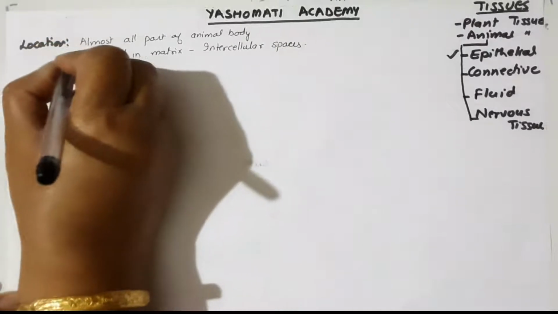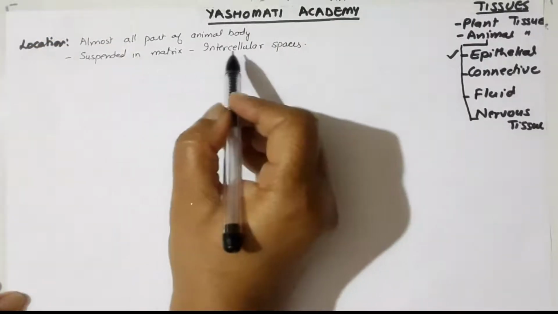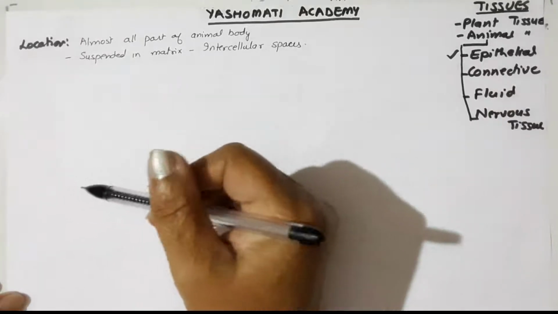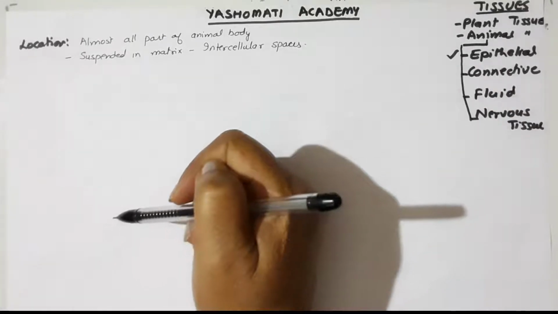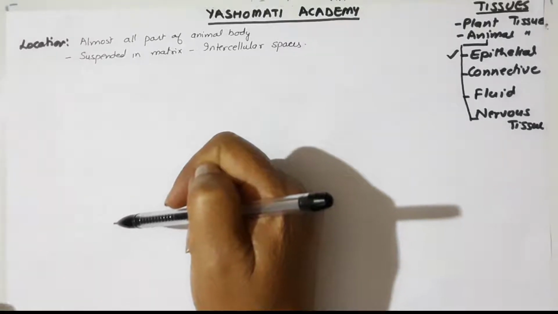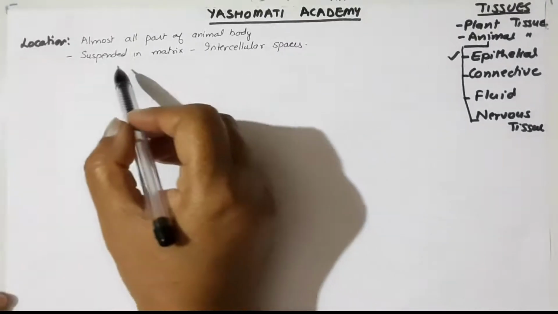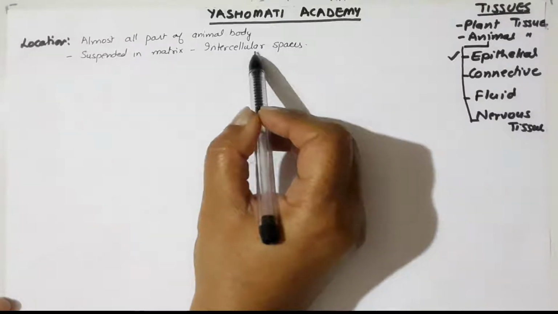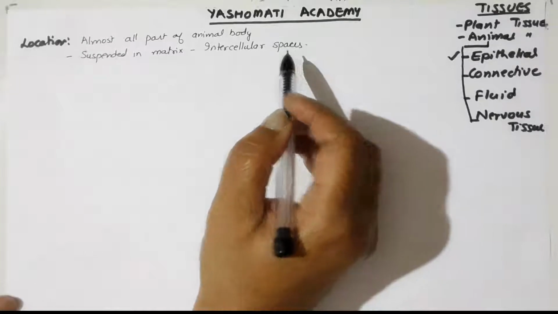So that is characteristic feature of these types of tissue in comparison to epithelial. There we studied that they are very closely packed and there is no intercellular space. Whereas in this type of tissue, they are suspended in the matrix which is present in the intercellular spaces.